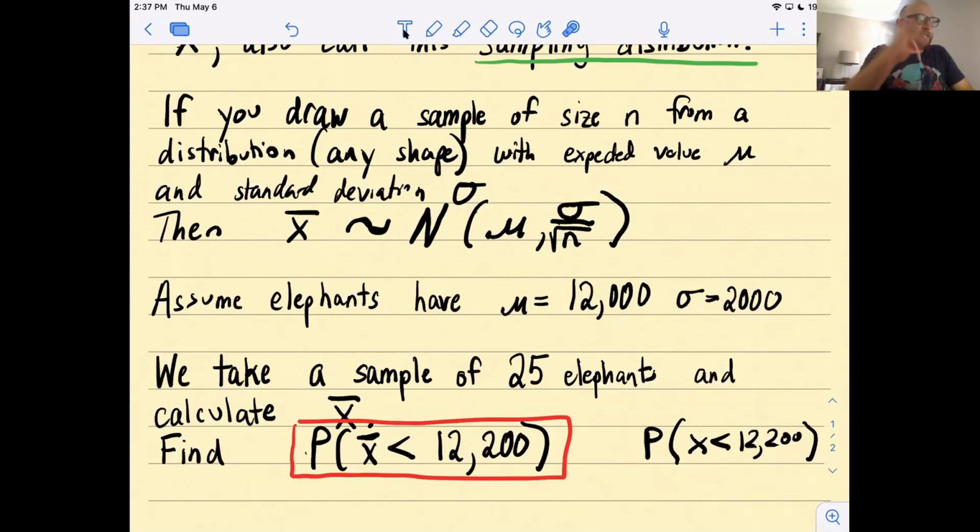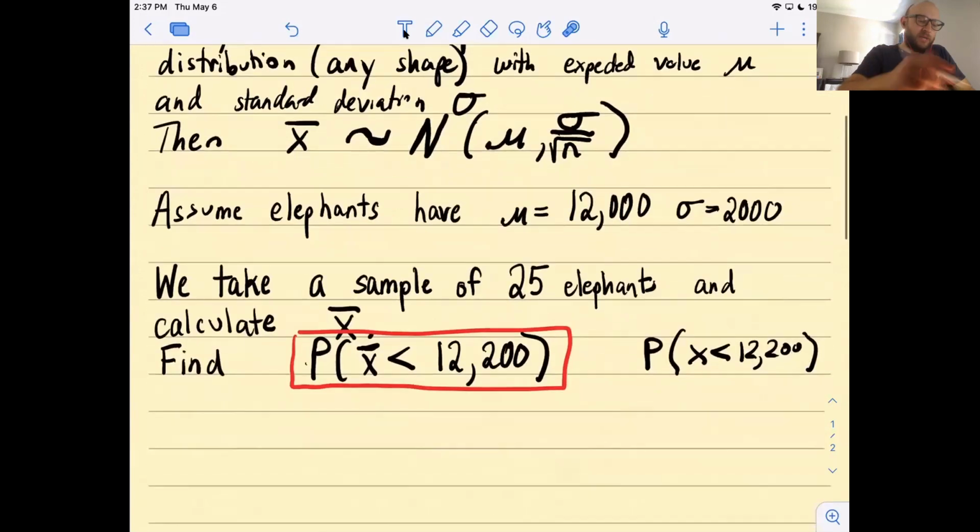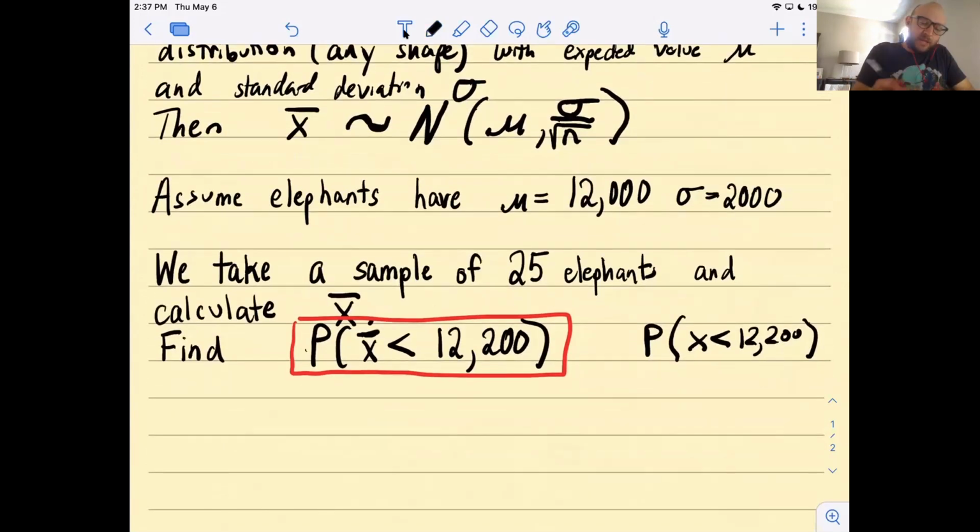You got it, exactly. So just to give you a picture of the bell curves, a single bell curve is distributed like this. So this would be 12,000, and most of the things are from 10,000 to 14,000. That will capture most of the data.